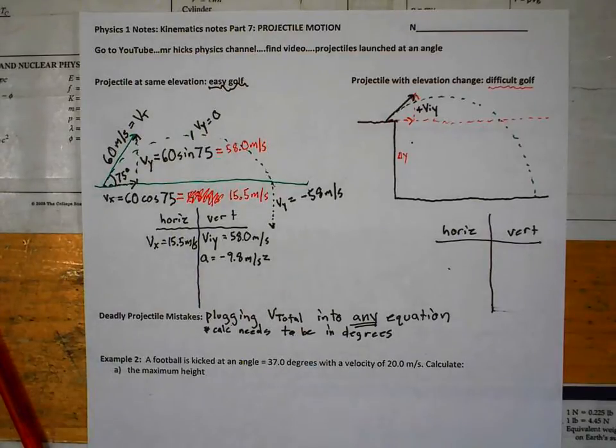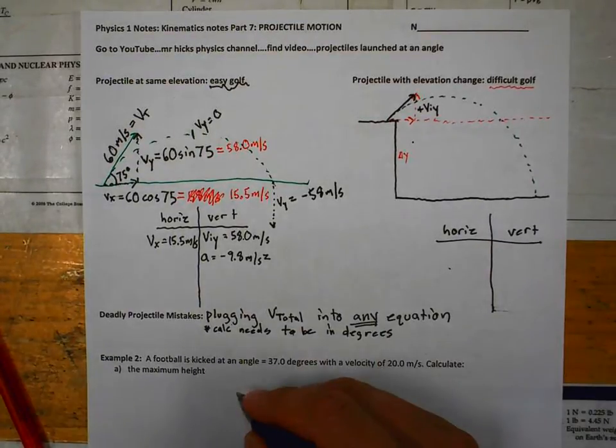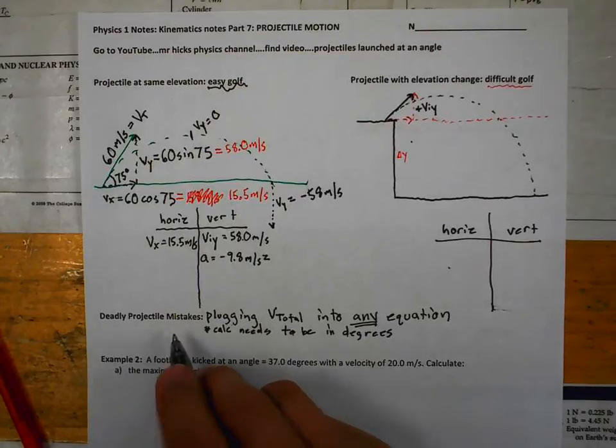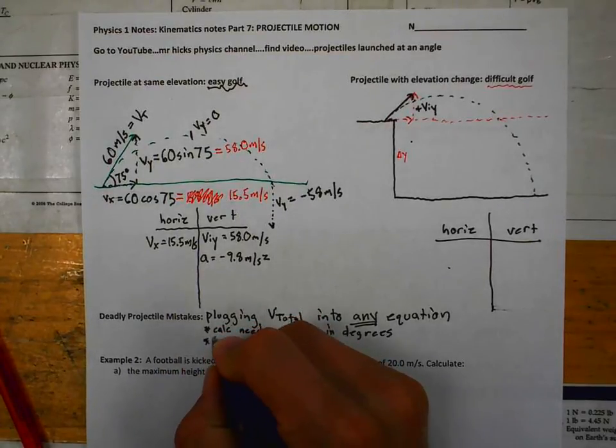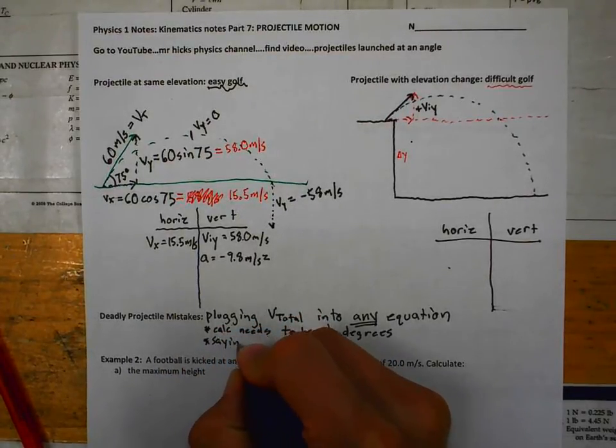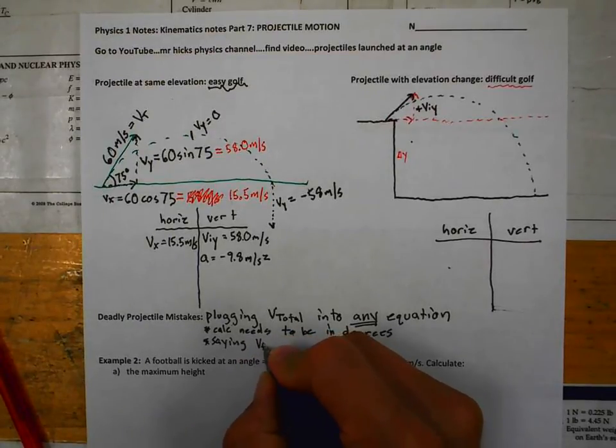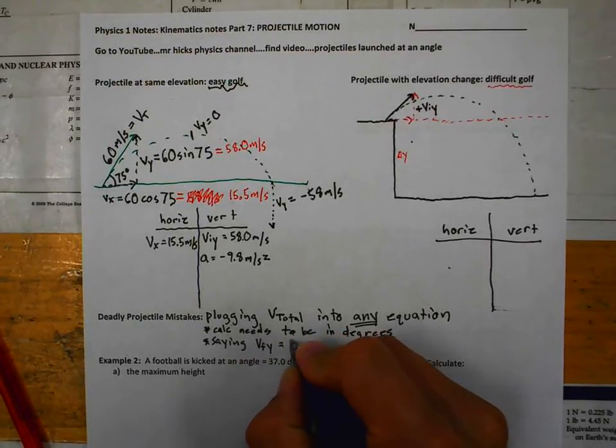All right, so here are some other deadly projectile mistakes. Saying V final in the Y direction equals 0.